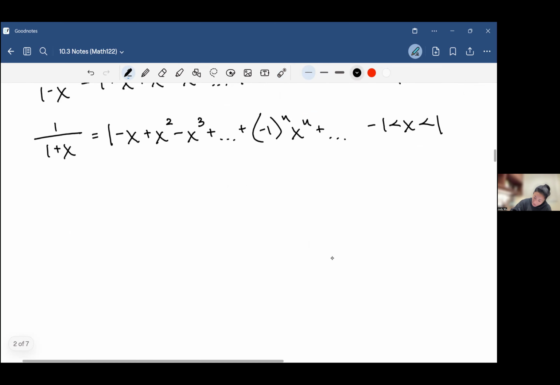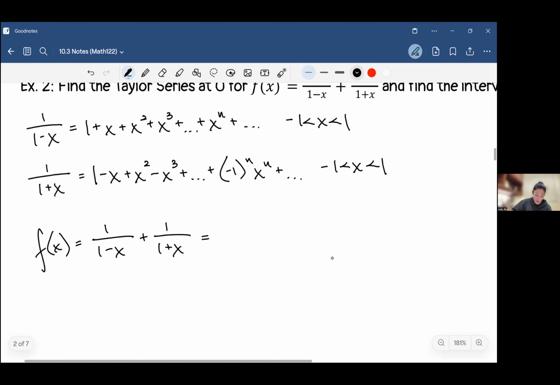All right, so if we were to write our f of x for this 1 over 1 minus x plus 1 over 1 plus x, let's add them term by term. Okay, so we've got 1 plus 1. That's going to give me 2.